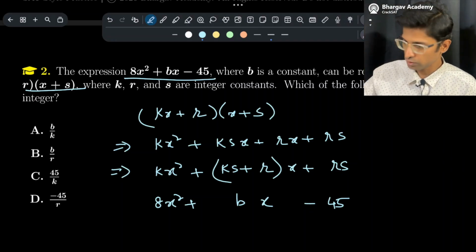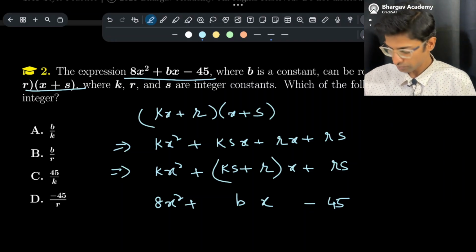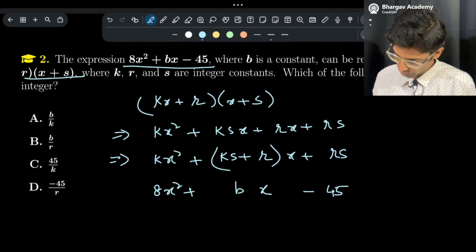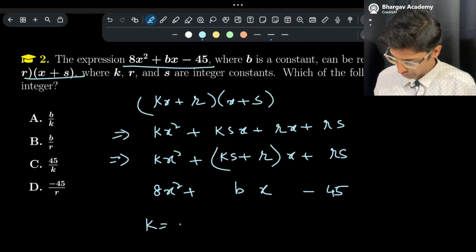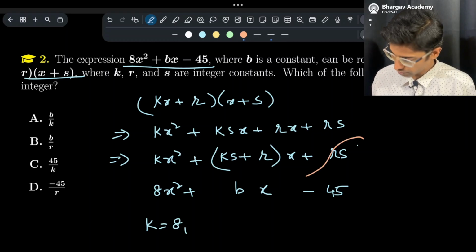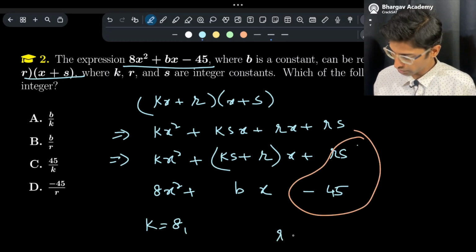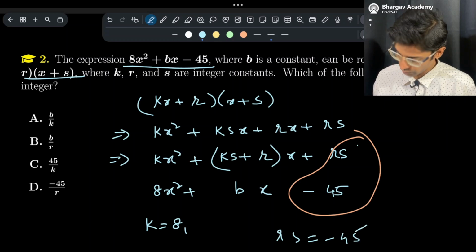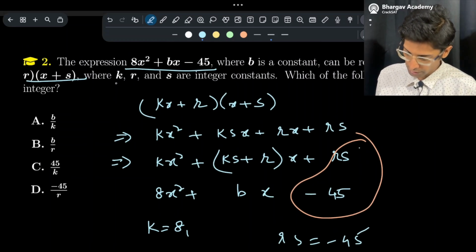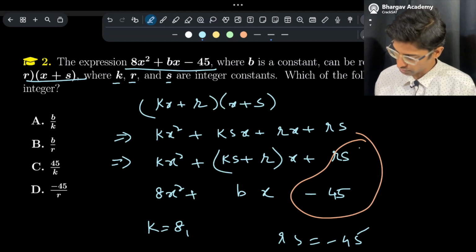Okay, here we go. So from here I can see that k is equal to 8, and rs is equal to minus 45. So I know that k is an integer constant, r is an integer constant, and s is an integer constant.